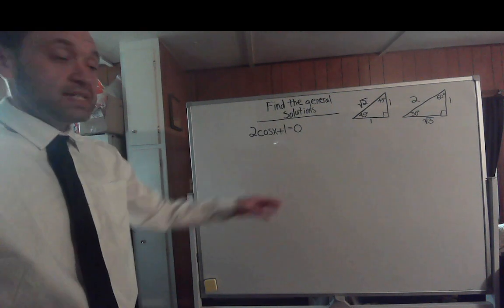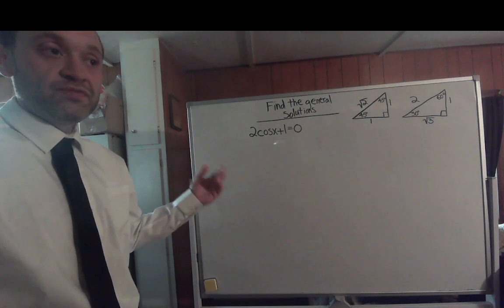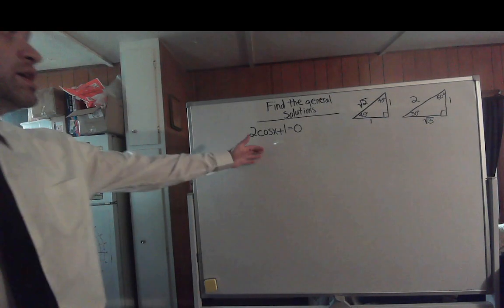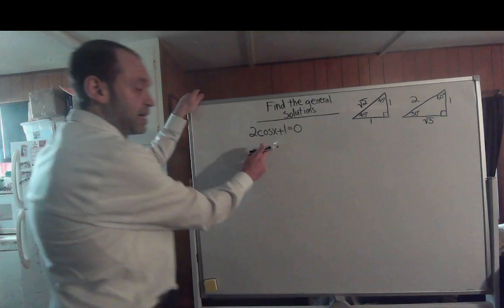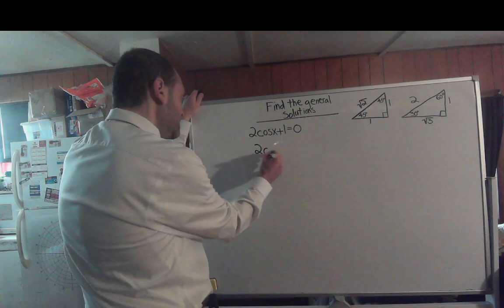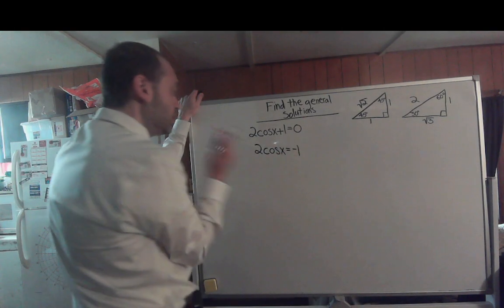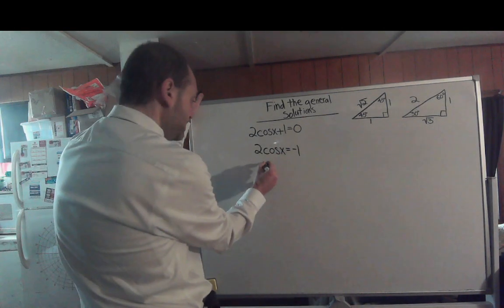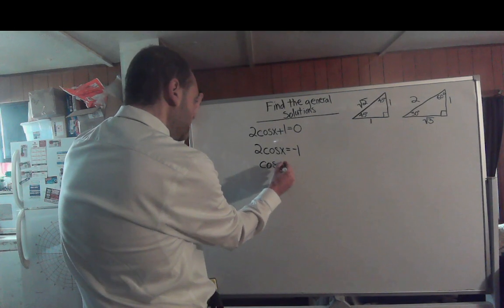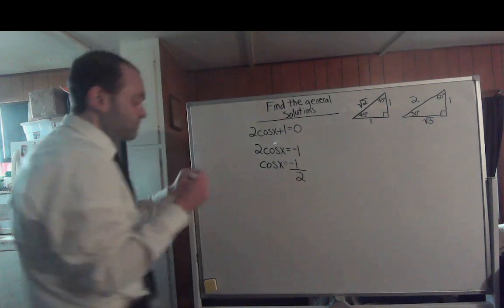Well, like any algebra equation, though it's trig, you start out the same way. You want to get the variable term by itself. So this would turn into 2 times the cosine of x equals -1. And then the cosine of x would equal -1/2.